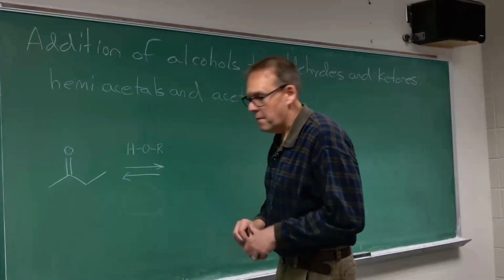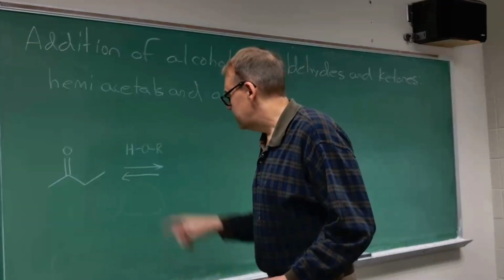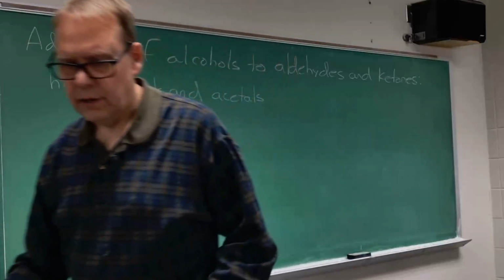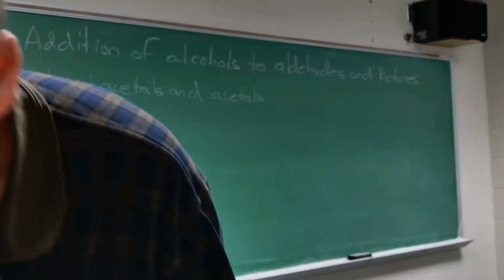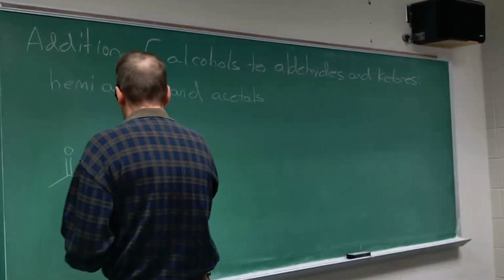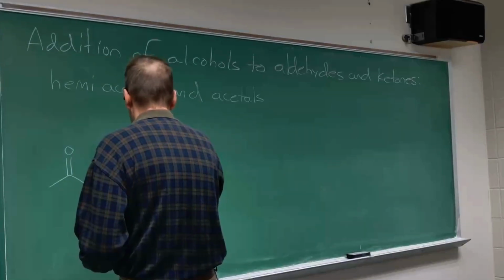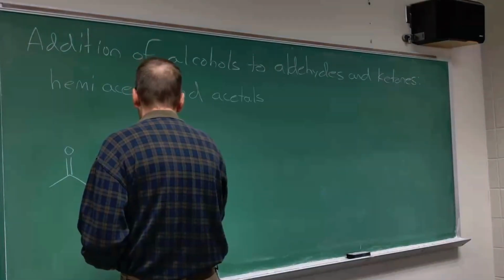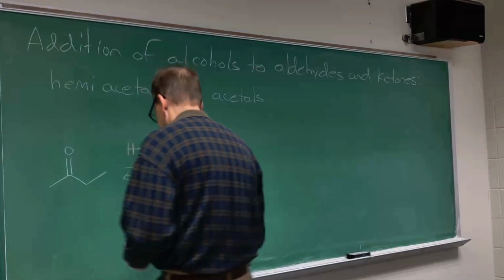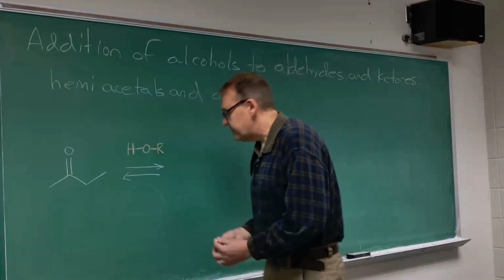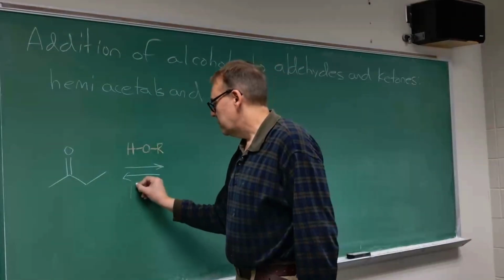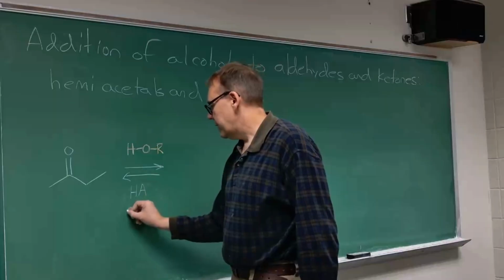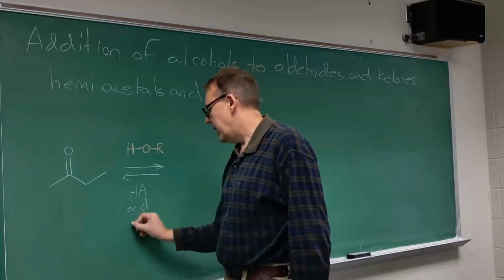And maybe I'll do this one up in a different color, just to help it stand out. This is an acid catalyzed process, so I'm going to say HA here, acid catalyst. You need that.